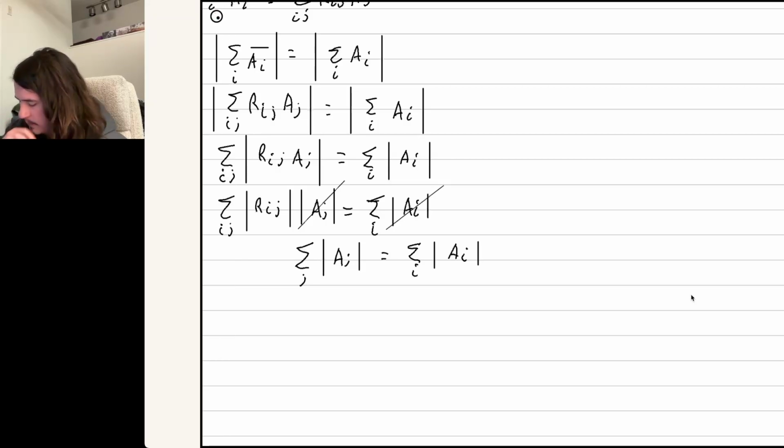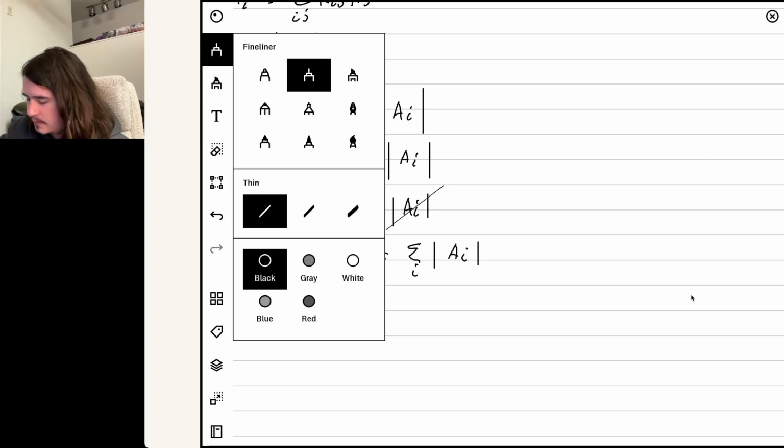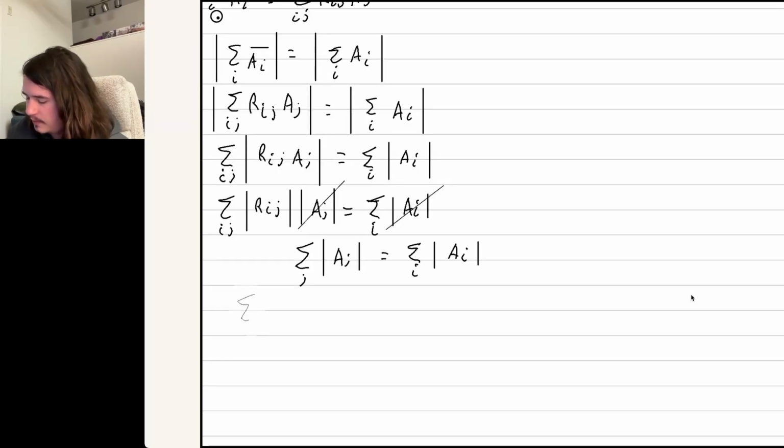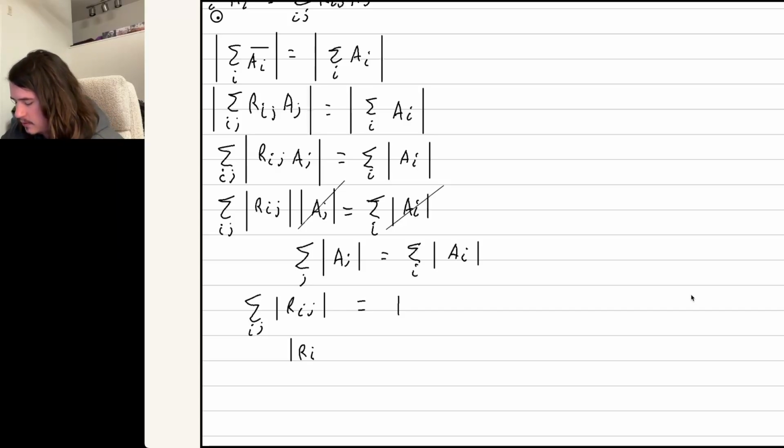So really what you're left with is the sum over i and j, the determinant of Rij is equal to 1, and then you can get rid of that summation and say like this.